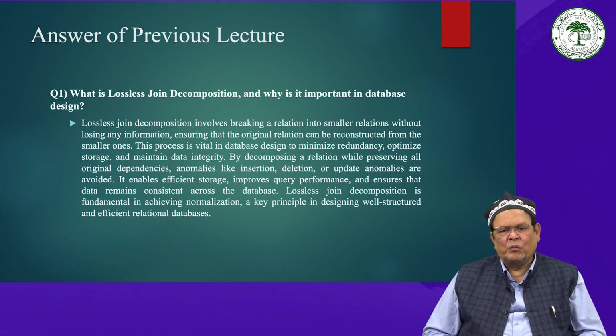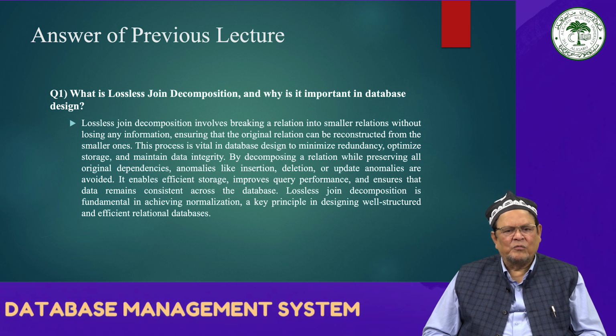It enables efficient storage, improves query performance, and ensures that data remains consistent across the database. Lossless join decomposition is fundamental in achieving normalization, a key principle in designing well-structured and efficient relational databases.